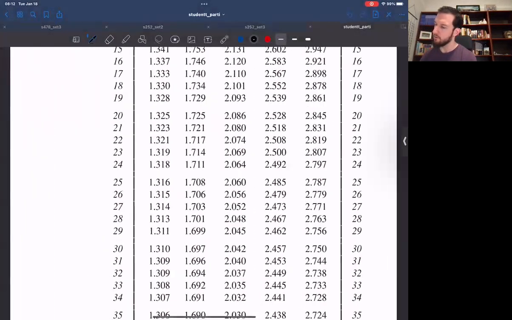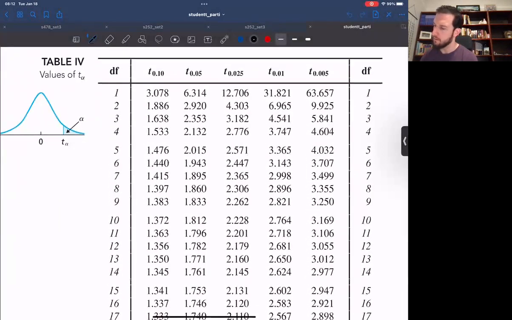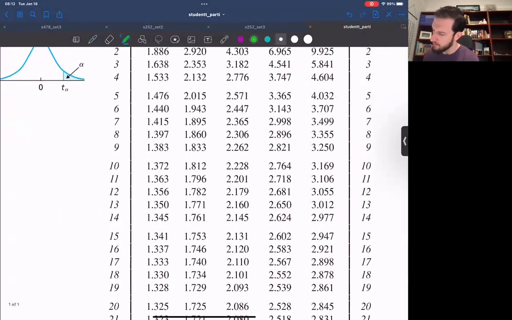All right, so here is our student t-table. So we have alpha 0.05. We have 19 degrees of freedom. That gives us a critical value of 1.729.